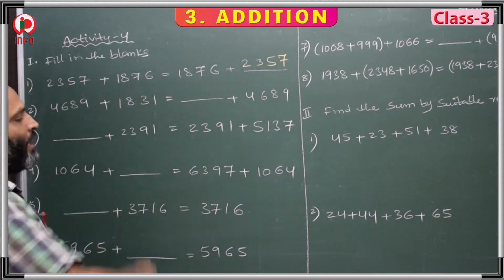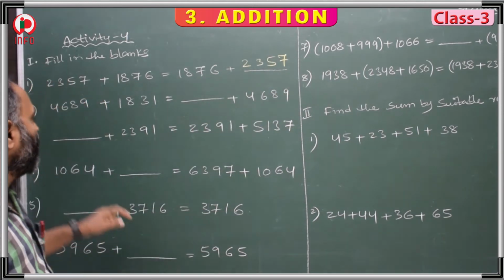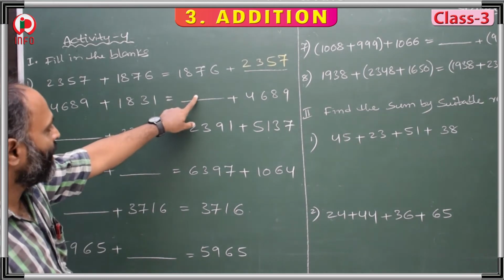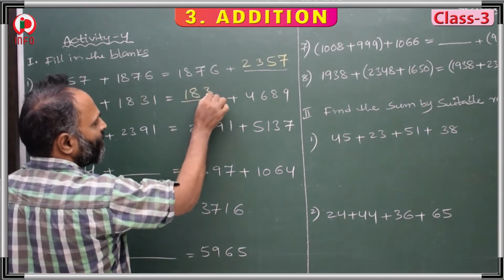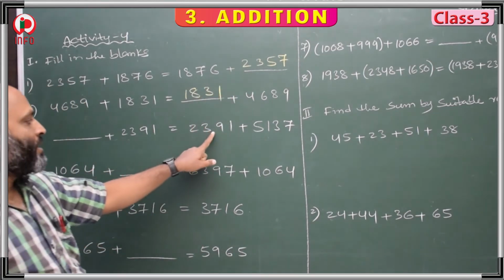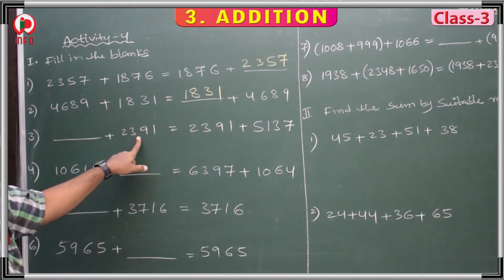First addend plus second addend is equal to second addend plus first addend. Here also the same. What is the second addend here? 1831. Here we took the second addend like this.